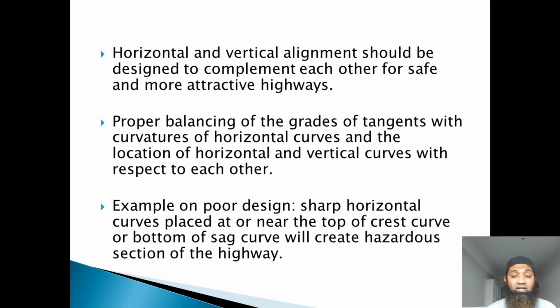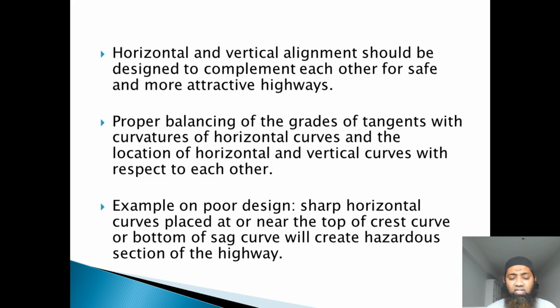So it should be decided depending on what type of highway and what design speed it is. You can see proper balancing of the grades of tangents with curvatures of horizontal curves, and location of horizontal and vertical curves with respect to each other. As I had told you, the horizontal curves and the vertical curves should be properly designed. Sudden curves cannot be given. It leads to accidents as well as big consequences. So these curves should be provided very correctly here.